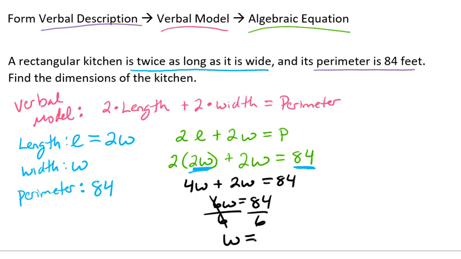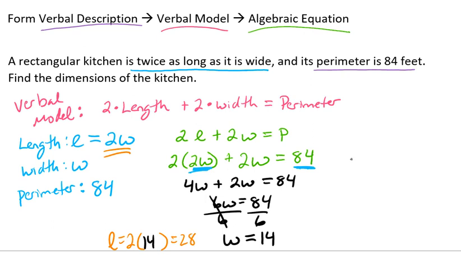Then when we divide by 6, we see that we have a width of 14. Now remember that if our width is 14, our length is 2 times our width, right? So length equals 2 times the 14 we just found, which is going to be 28.